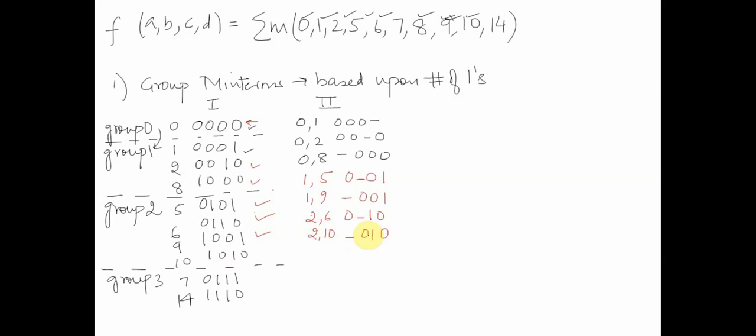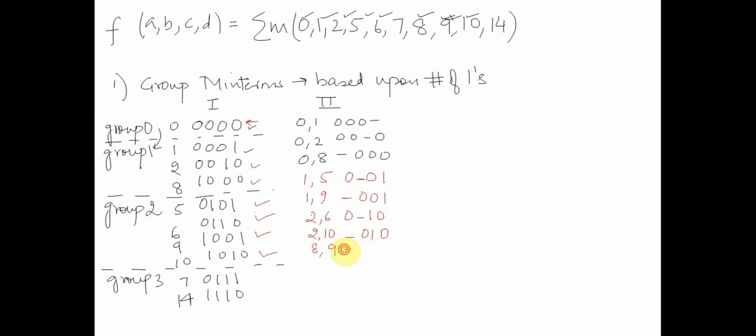Correct? Let's go to 8. 8 and 2 and 10 are done, right? So 10 is also done. 8 and 5, do they make a combination? No, because more than one digit differs. Similarly, 8 and 6 don't form any combination. 8 and 9, they do form a combination.